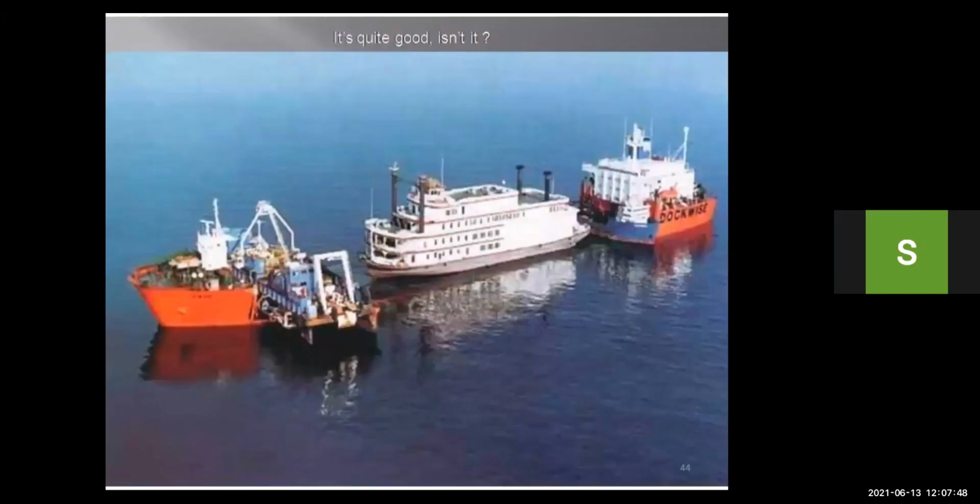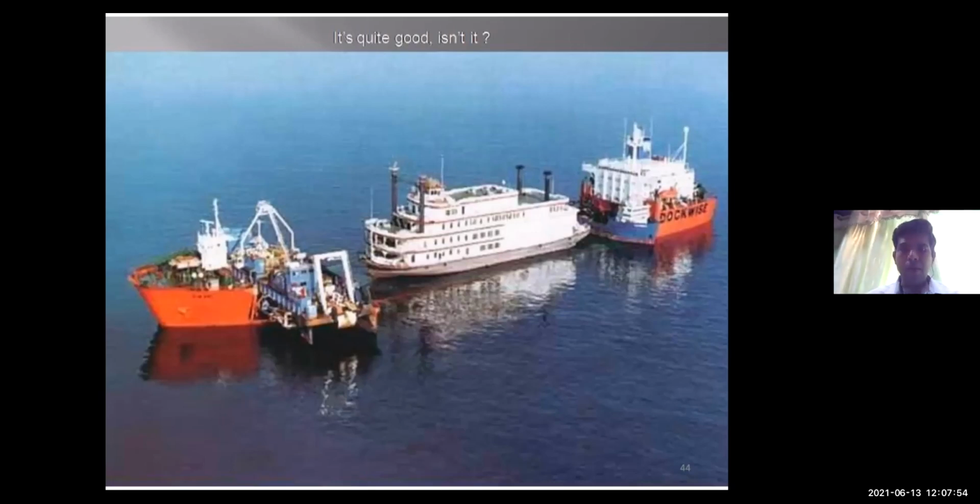Sir, what about the scrap policy, in order to scrap the older vessels, do we have the infrastructure for doing this, or do we have to send them out? See, for the construction of a new vessel, you need a good infrastructure. For scrapping, you don't need infrastructure.